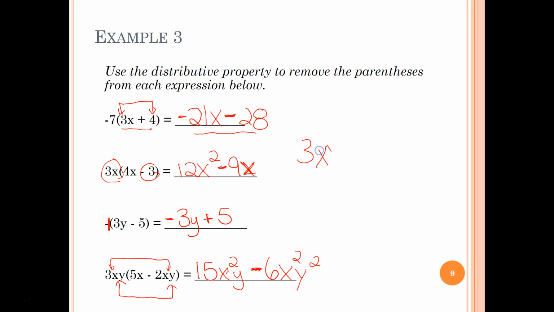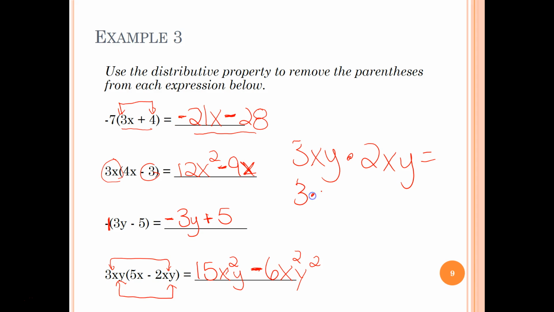When you look at 3xy and you compare that to 2xy, one thing that you can do to make your life a little easier in this problem is actually rearrange your pieces if this is new for you and you're trying to understand it.